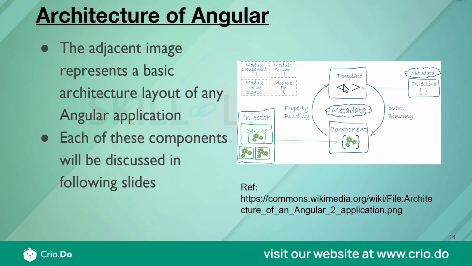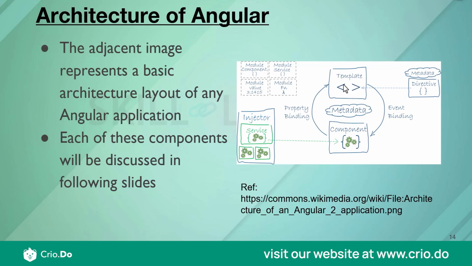When I say the architecture of Angular can just be divided into these four things, what I mean by that is if you see the image over here at the center, you would see there is something called a template which just has kind of a HTML tag, and you have something called a component, and in between there's something called a metadata, right? And in that template there is a kind of a dependency on directive which again has a metadata, and on the left hand side you would see there is something called modules at the top and injector at the bottom, right?